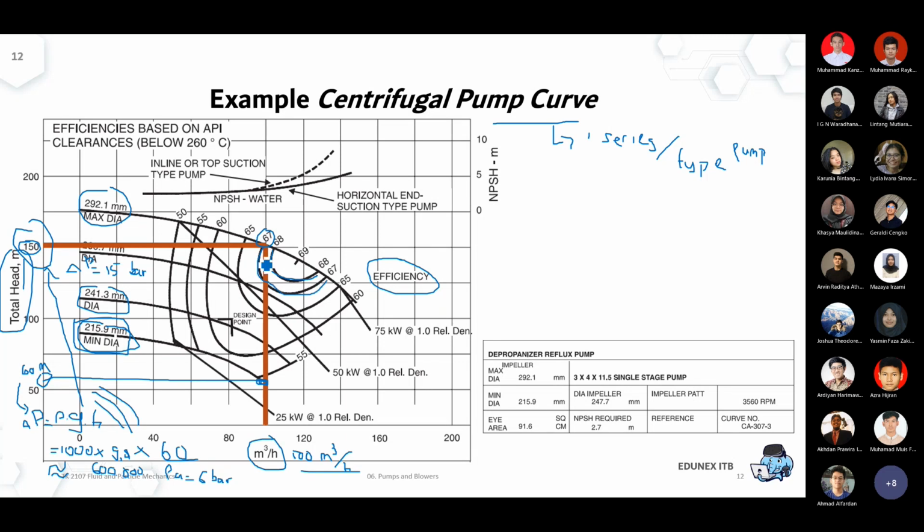That means if I want to work at a high impeller diameter at 100 cubic meters per hour, I can achieve an efficiency of 67%.